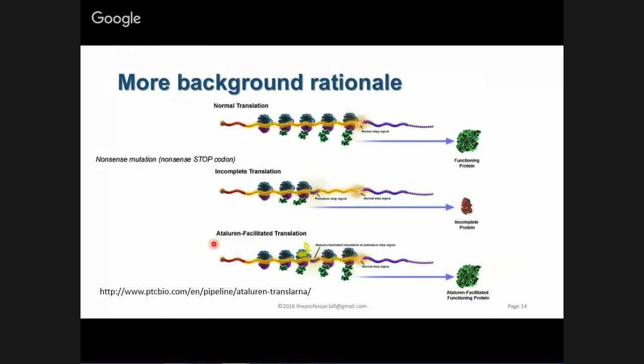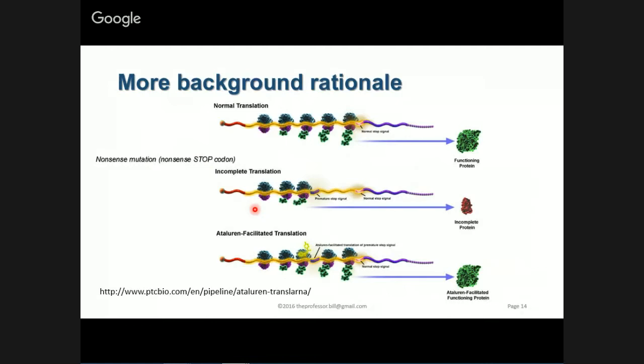It's not a gene, or a group of nucleotides. It's actually a drug compound. And Adalorin is thought somehow, magically, we don't understand the mechanism, to be able to allow ribosomes to go beyond or move through a nonsense mutation that has a premature stop codon built into it.